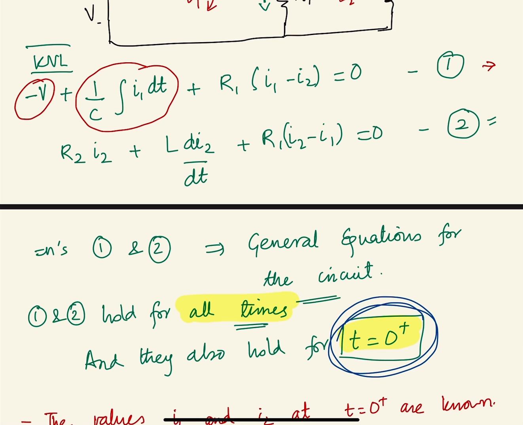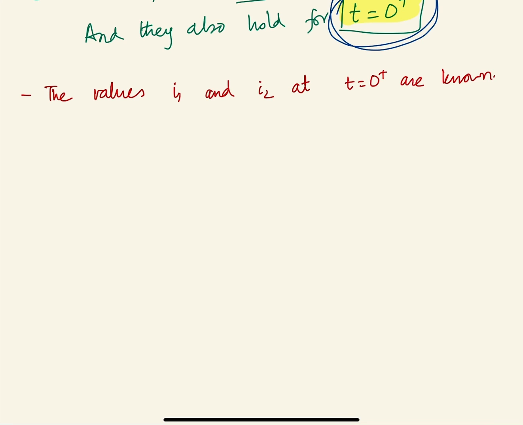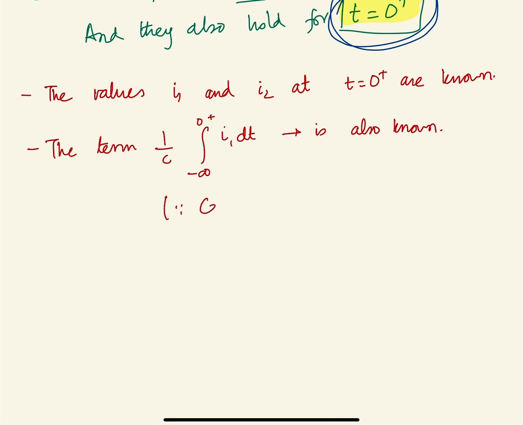Similarly, let me go to the next slide. The term 1 by c integral from minus infinity to 0 plus of I1 dt is also known, right? Why? Since the capacitor is a short circuit, right?